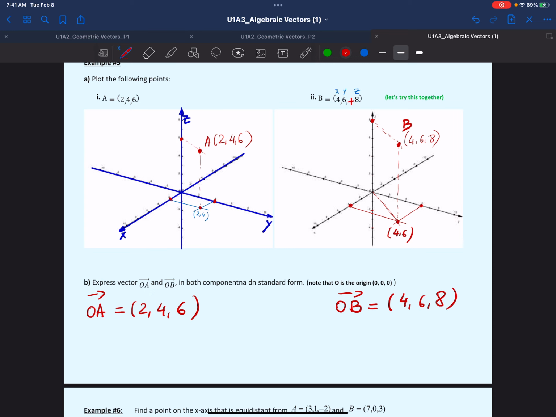So these are the components. In standard form, which means we want to attach the unit vectors, we'll have 2i plus 4j plus 6k. And OB, we have 4i plus 6j plus 8k.